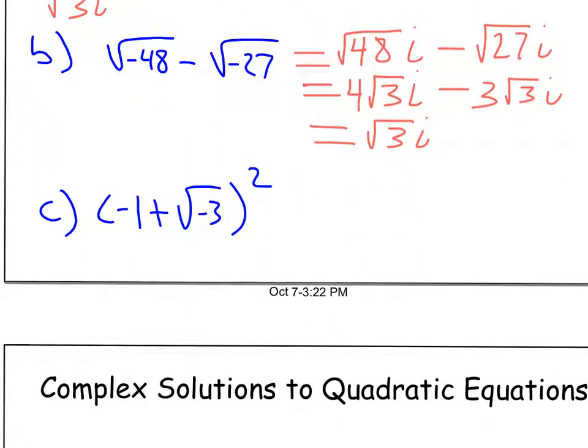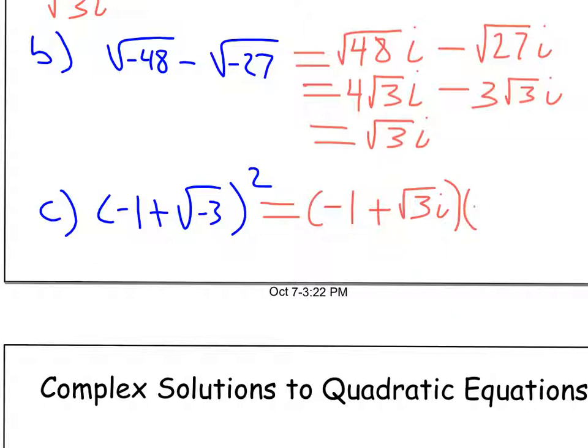All right, on part C, okay, here's what I would do to write out this one. It's going to kind of turn into a FOIL, but right away I'd say, okay, negative 1 plus, if I'm going to actually do the operation here, I don't like that written as square root negative 3. I would much prefer square root 3i.